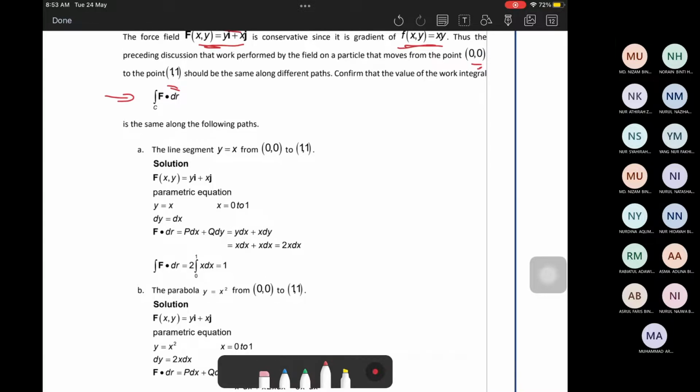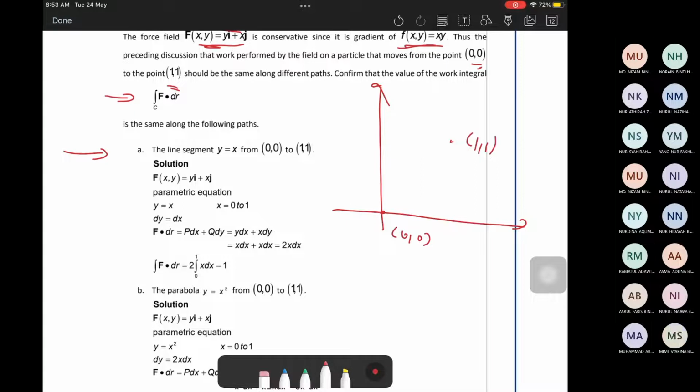Jadi kita tengok first line segment yang kita nak check. Line segment y equal to x from 0 to (1,1). Jadi sekarang nak check lah apa dia punya effect kalau dia berubah curve yang berbeza. Okay, first y equal to x, iaitu garis ni lah dan segmen yang ni.